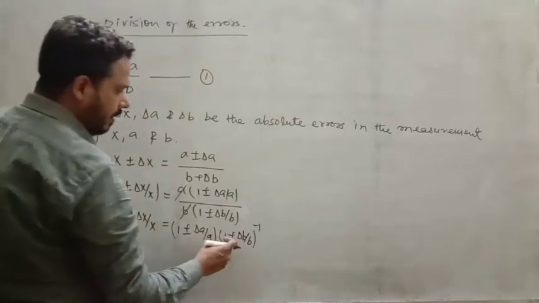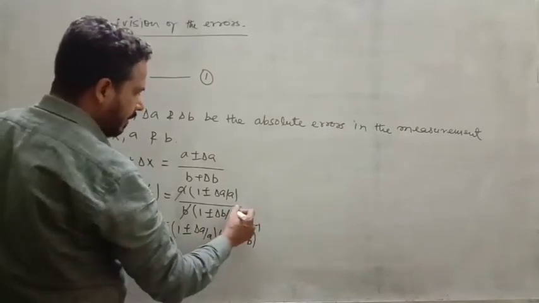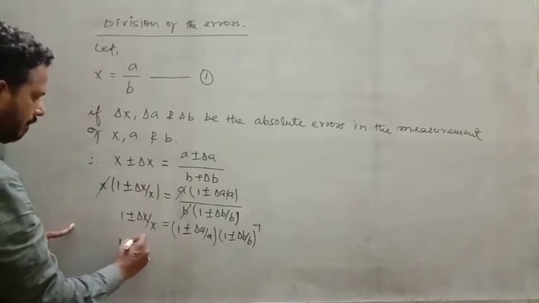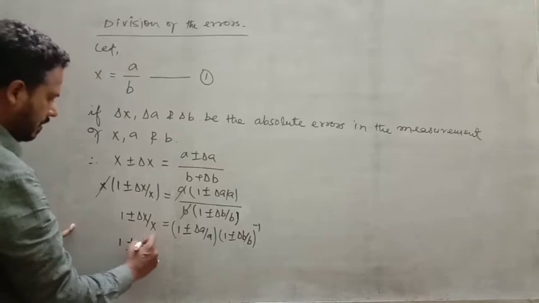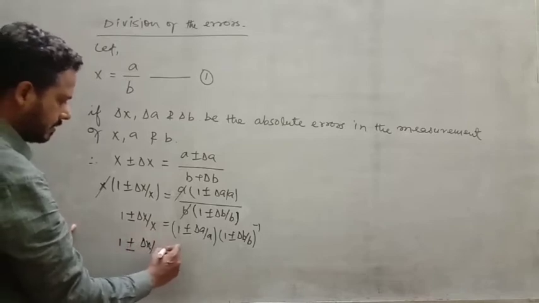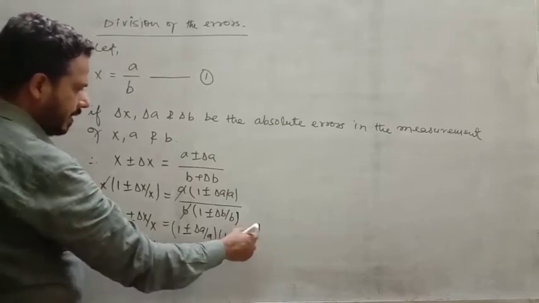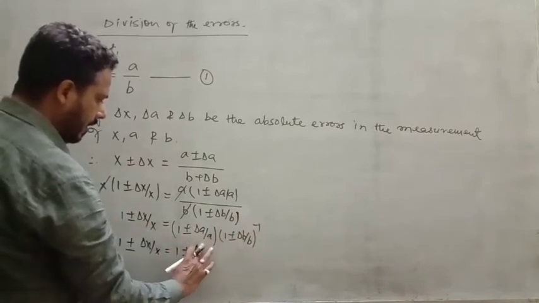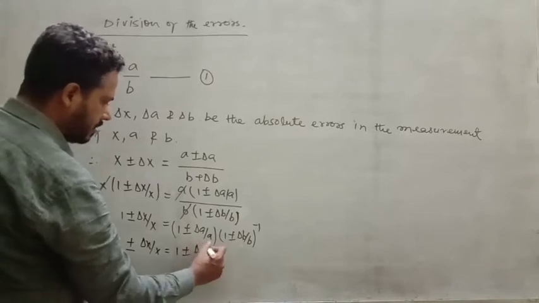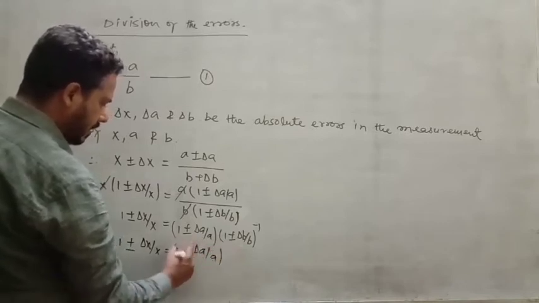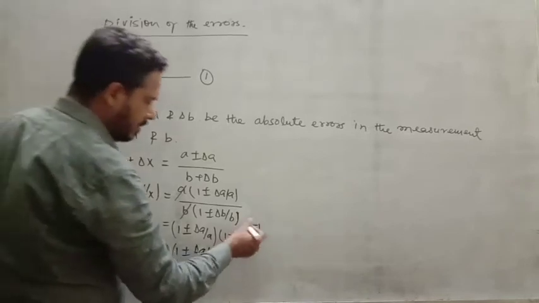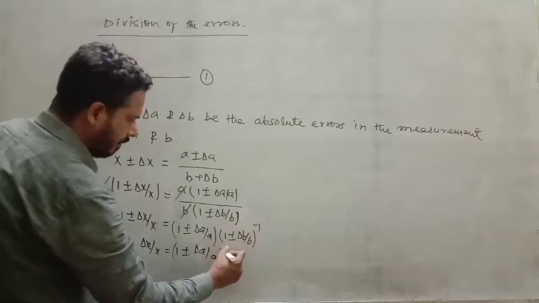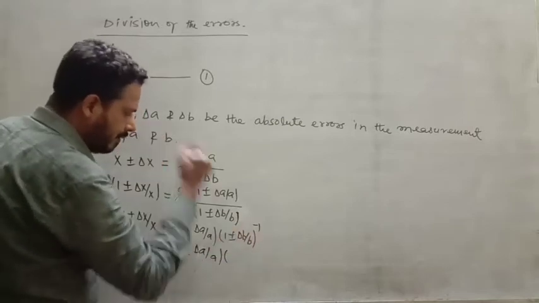Now whenever you expand it binomially, just see that 1 plus minus delta x by x equals 1 plus minus delta a by a, multiplied by the binomial expansion of the last factor, where the power is multiplied in.